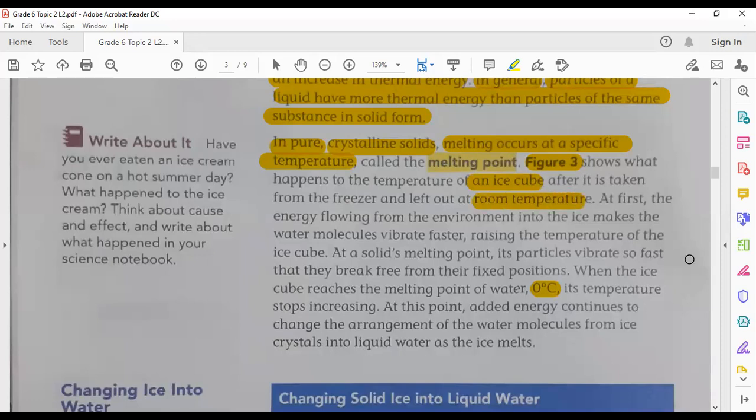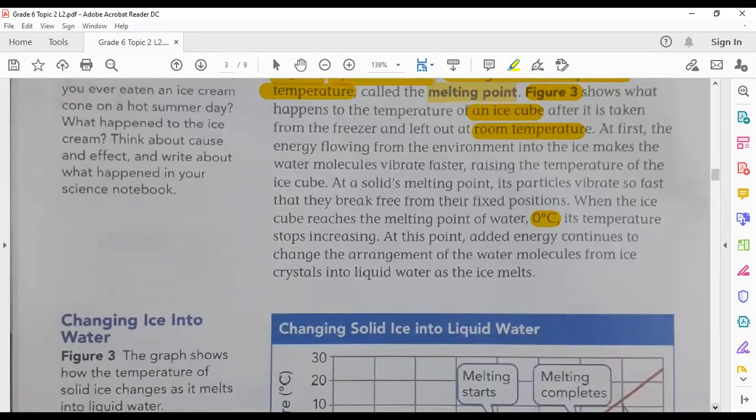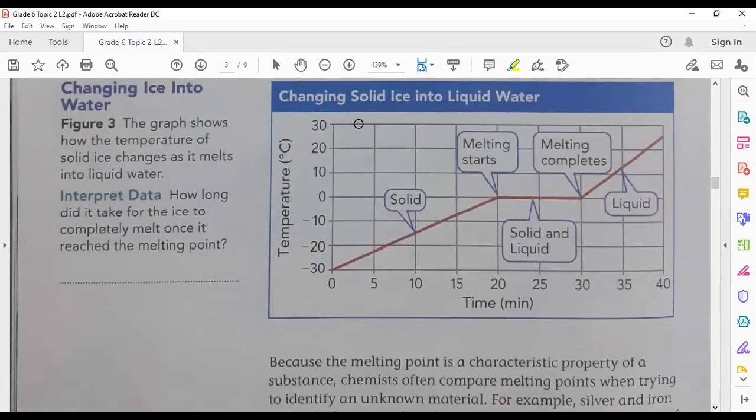Let's see, look at this figure, changing solid ice into liquid water. Look at this graph. This side shows the temperatures. Notice -30, -20, -10, 0, 10, 23.